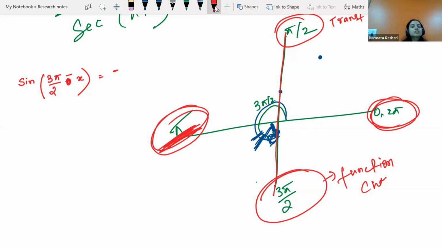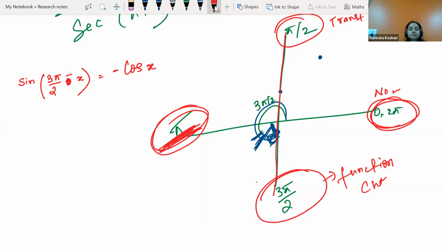That's why I had written no transformation on the x-axis and transformation on the y-axis. Getting it? Yes, ma'am. Sine will get changed to cos.